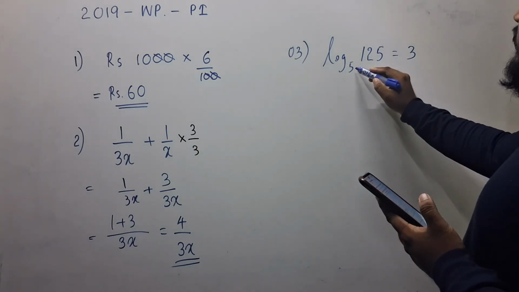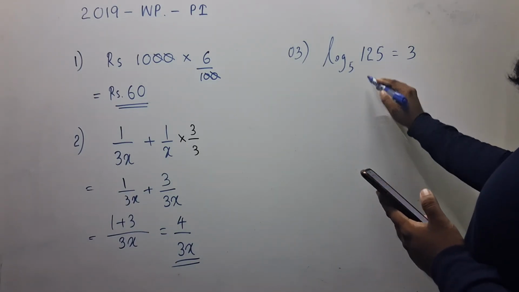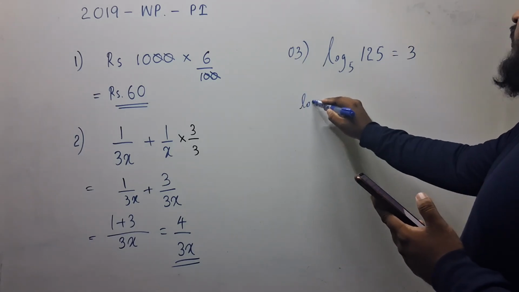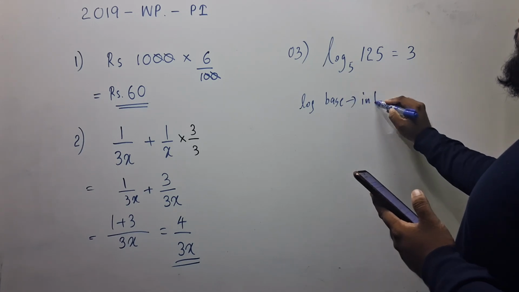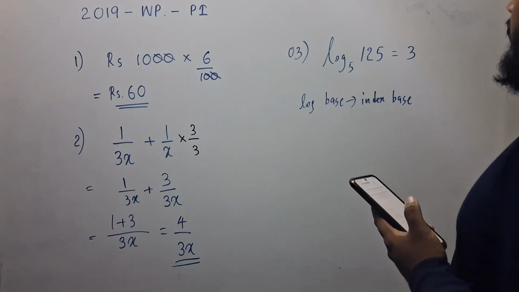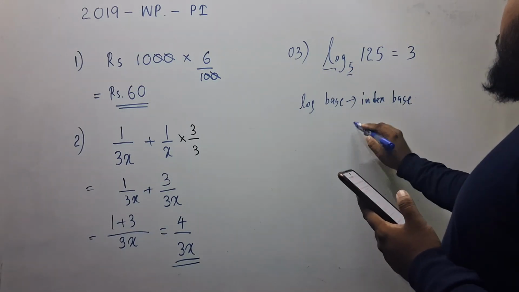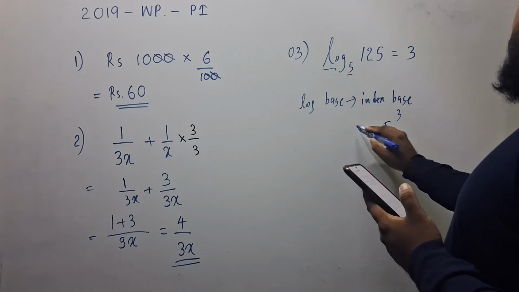What we have to do is take this log base to the other side and make it the base of the index, because log base is equal to index base. So if this is log base 5, make it the index base: 5 to the power 3 equals 125.